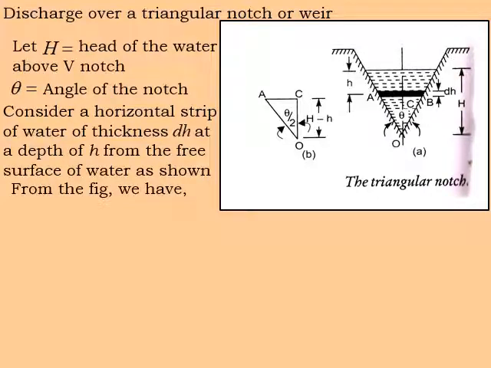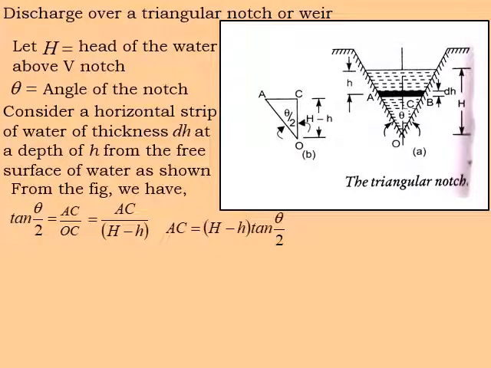According to this figure, tan theta by 2 equals the ratio of AC by OC. Then AC by OC equals capital H minus small h, that is the height of OC.